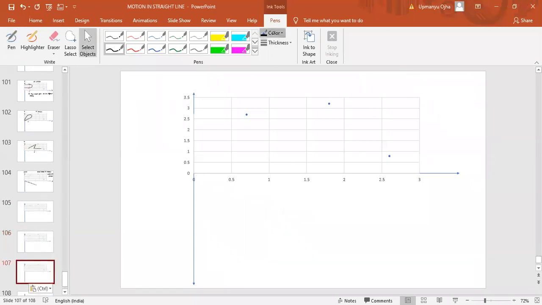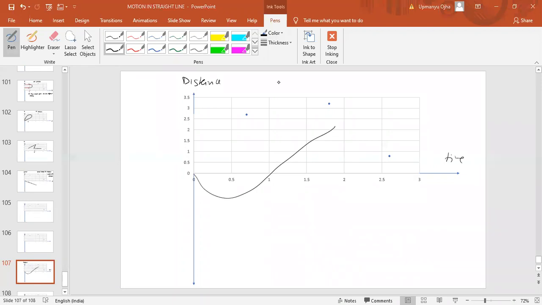Next, if I draw a distance versus time graph, and the graph is somewhat like this, is this graph possible? Why? Again, the same reason. The distance cannot be negative.